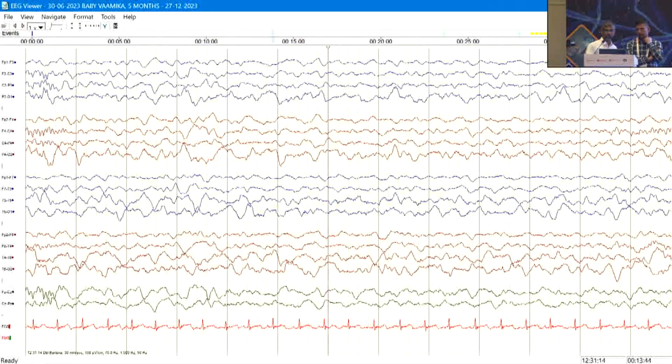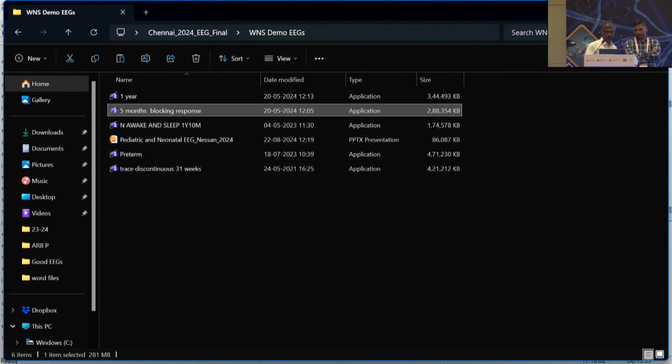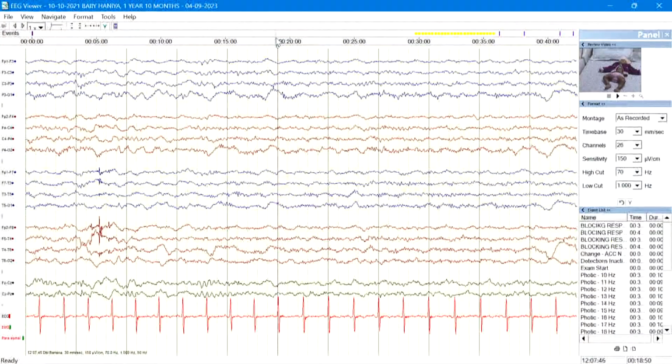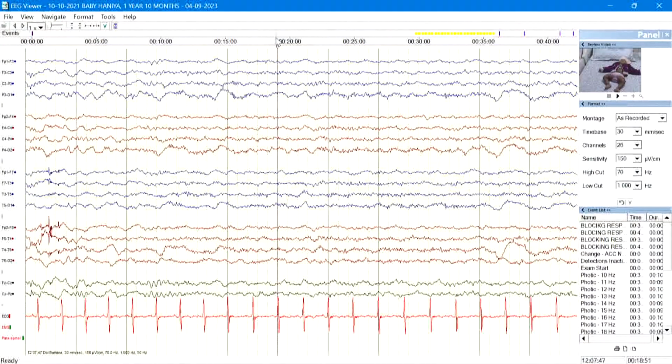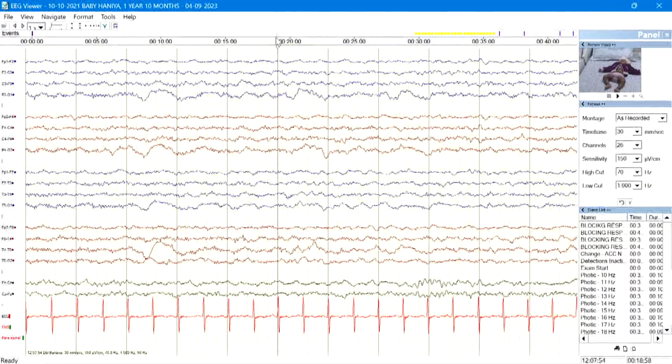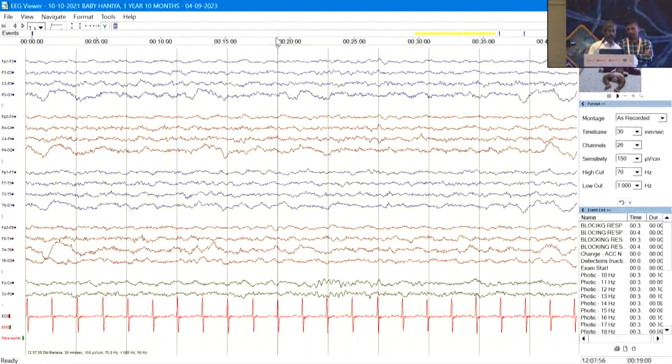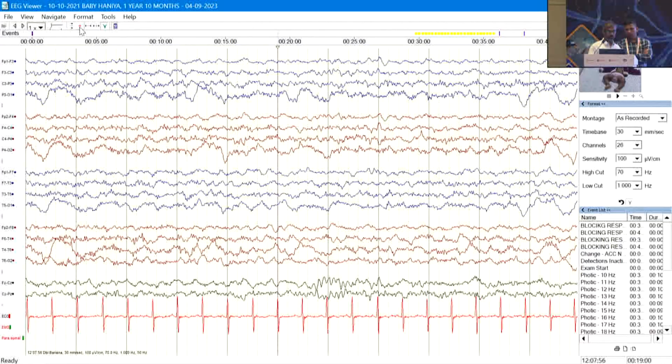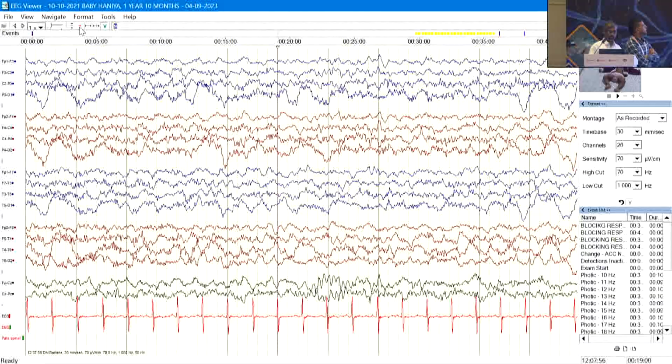So we'll stop there, and final one EEG will show. Yeah, so this is slightly older, nearly 2-year-old child. Okay, so this is a sleep activity, sleep pages. So what we are seeing, so it's already 150. I'm just adjusting the sensitivity. Now this is 70.